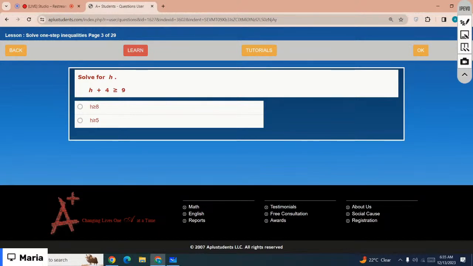Very good. The correct option is option number 1, that is h is greater than or equal to 5.